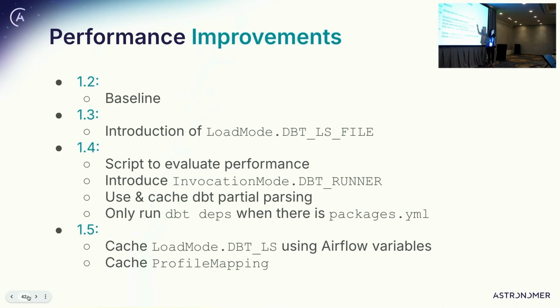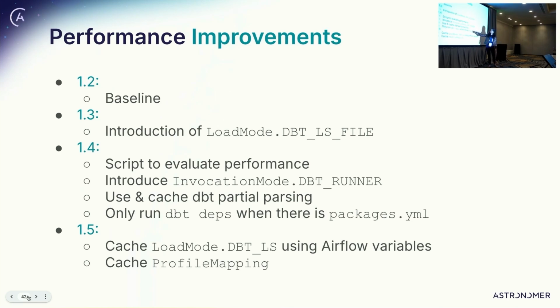So throughout the versions of Cosmos, there was the baseline that Pankaj showed, then a contribution from the community, similar to using a manifest file, but using the dbt-ls output. In Cosmos 1.4, we had a script to check performance, so we could programmatically know more or less if we were improving or getting worse. Justin Bandoro introduced the dbt runner, which, if dbt and Airflow are in the same virtual env, allows choosing dbt as a library, as opposed to creating a sub-process for each dbt command triggered from an Airflow worker node.